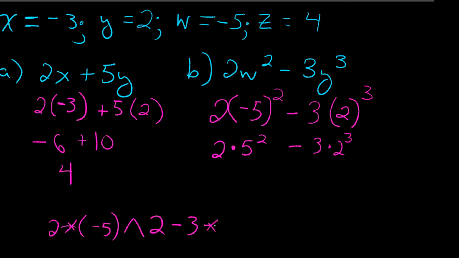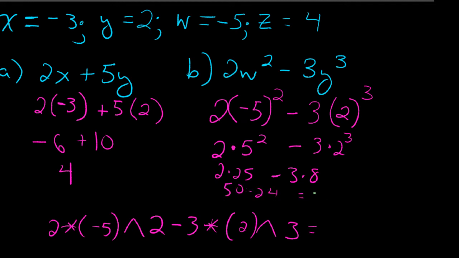I need my times. Parenthesis 2 up arrow 3. And that would give you the same answer. And so this is 2 times 25 minus 3 times 8, or 50 minus 24, or 26. And so this process is called evaluating algebraic expressions or using formulas.